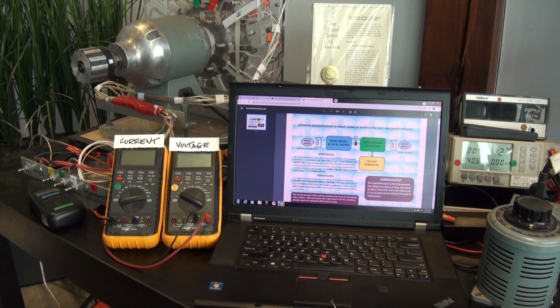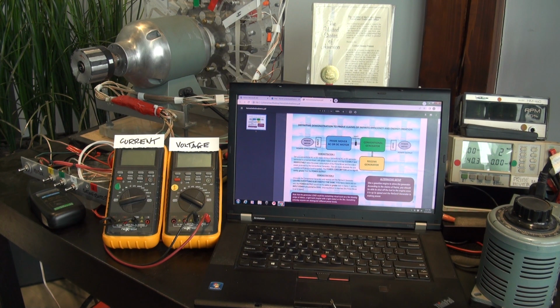So once again, I'll fire up the system, and I'll be placing the generator on load first, and you'll be able to observe the power going to the battery, the current and the voltage. And then the second part will be motor mode, pure kinetic energy increase with 0 externally supplied input energy.